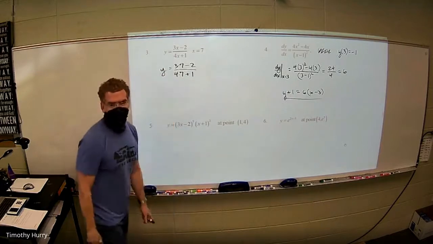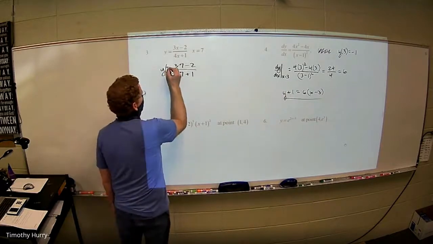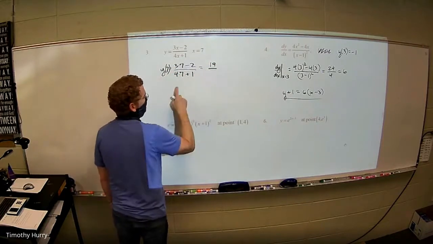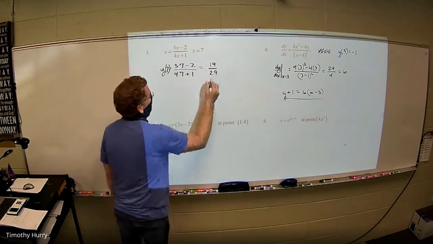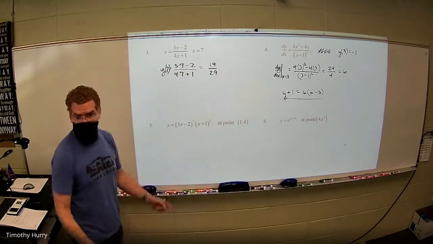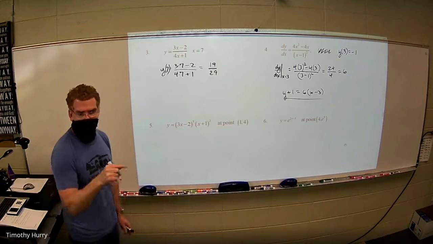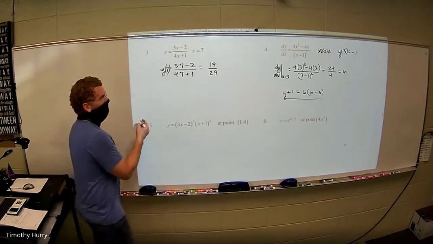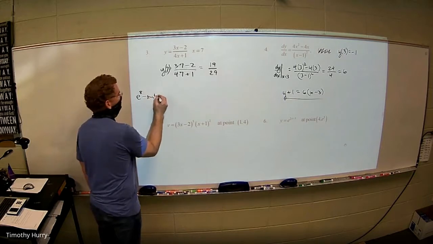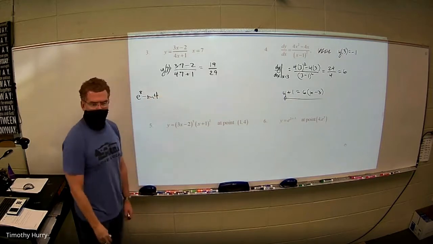Y of 7. Y of 7, good. Y of 7 equals 21 minus 2, 19, 28 plus 1, 29. So that's not a very pretty looking Y value, but who cares? I've seen some of the ugliest AP Y values. I've seen Y values that look like this. And you're like, really?